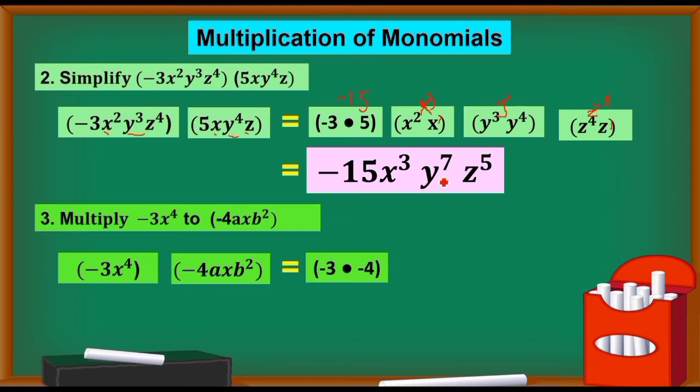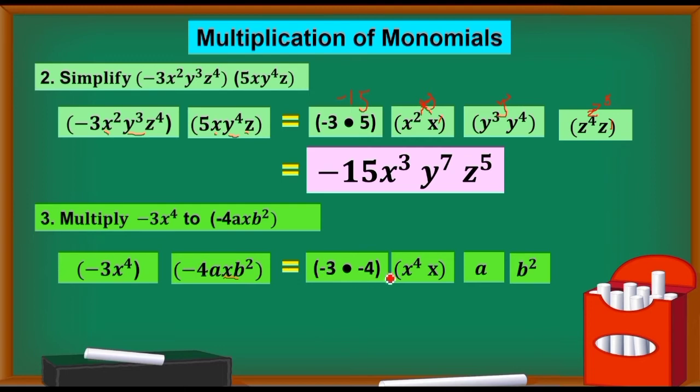So, una, we have negative 3 times negative 4. Then, x raised to 4 and then yung x. Then, next one is a. Bakit isa lang? Kasi po, yung negative 4axb squared lang ang meron. And we have b squared. Since walang variable yung kabila, wala siyang a at b.